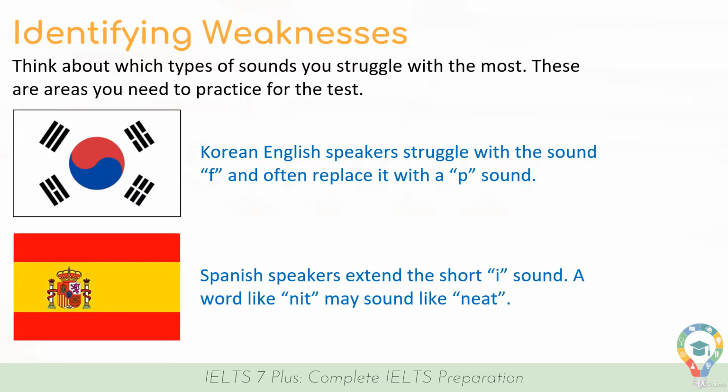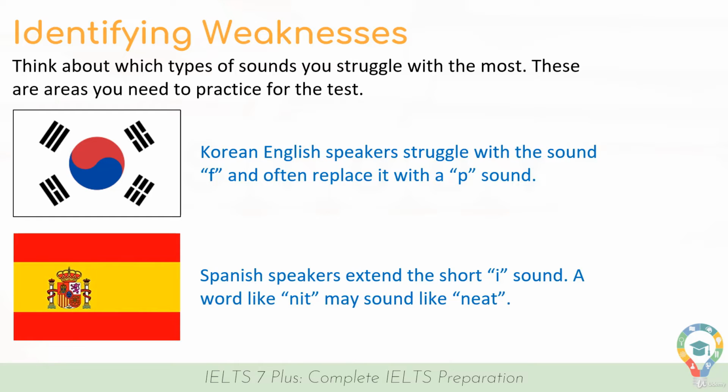Now these are just common examples of errors that I see in the classroom, and I hope I haven't offended anyone showing you them. But it does go to show that if you really consider what areas you find difficult, then it's easier to understand where you need to improve.